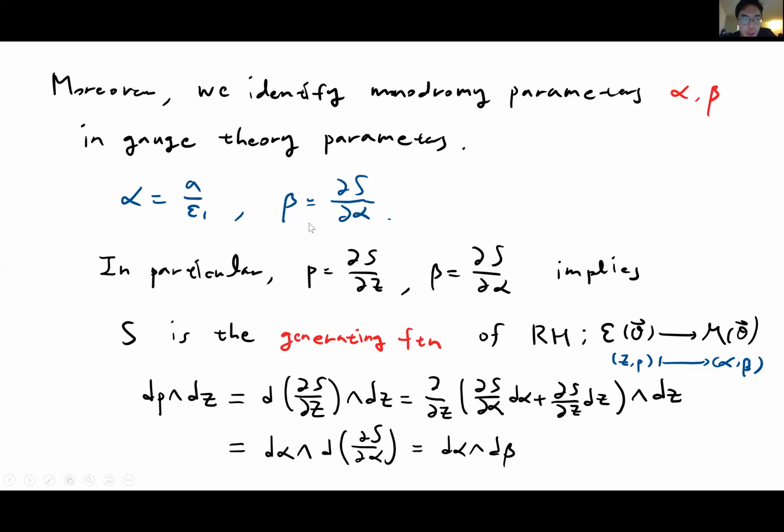So what this tells you is, as a bonus, you may recall that the momentum P is given by dS over dz, the derivative of S with respect to z. And this tells you beta is dS over d alpha. And this implies that S is also the generating function of the Riemann-Hilbert map.